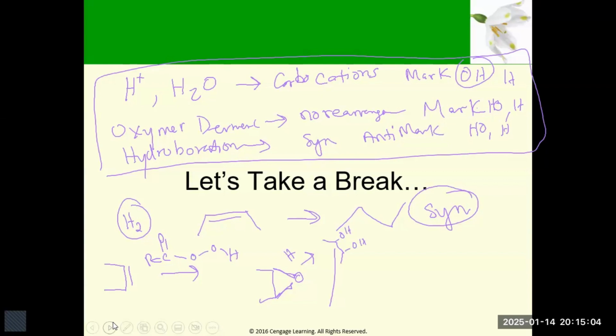However, to go straight to a diol, I can have a double bond and treat it with this, and it gives me a diol. Again, syn addition. They're added on the same side. And that's just a brief chicken scratch of all that I talked about today.